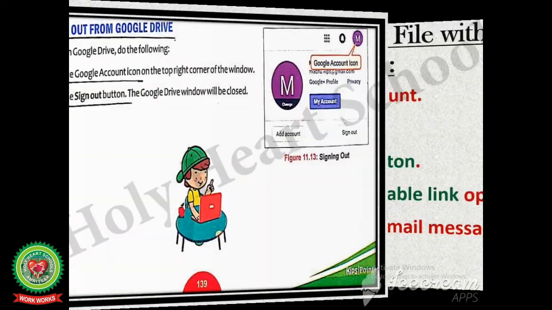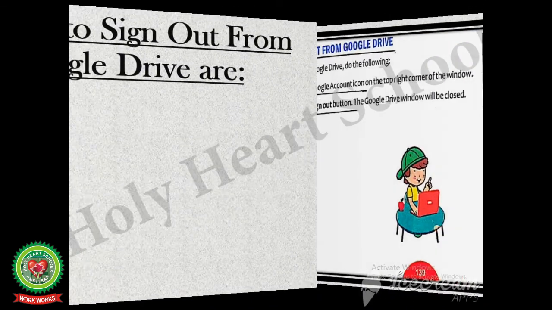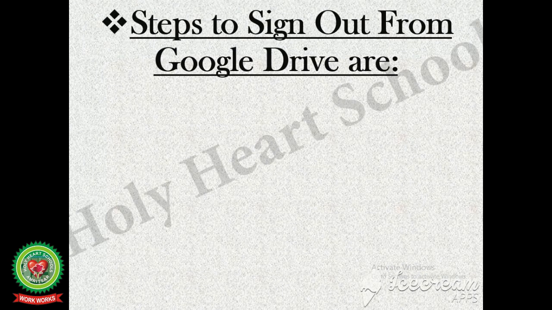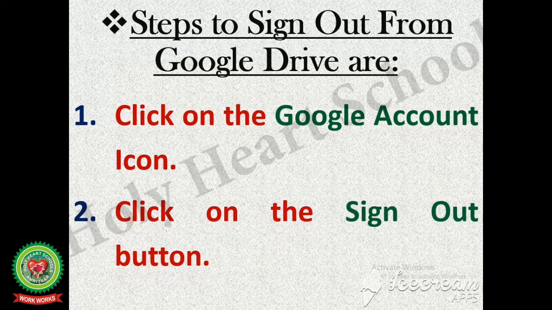Now our last topic on page number 139 is signing out from Google Drive. Means to exit from Google Drive. And the steps to sign out from Google Drive are: first is click on the Google account icon. Second is click on the sign out button. Let's do its practical.